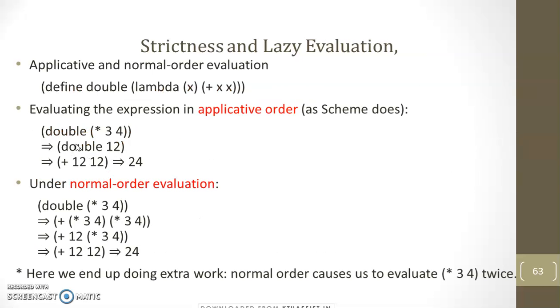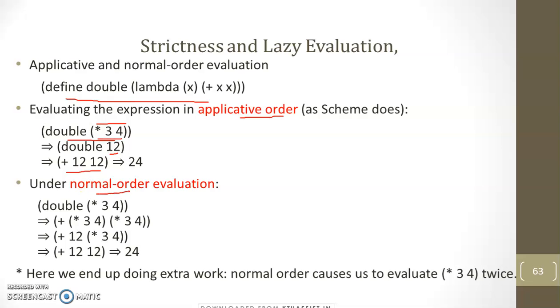Let us consider an example. This is a function that is defined, double. If it is called as double of star 3, 4 and applicative order is used, the evaluation is done first, giving 12, and then it is given as the argument to the function.